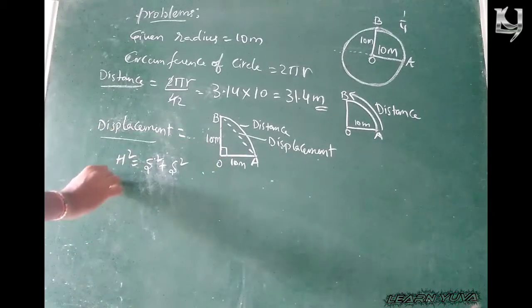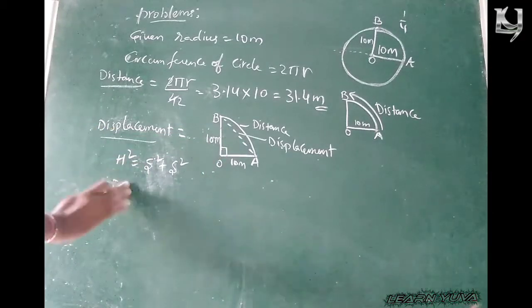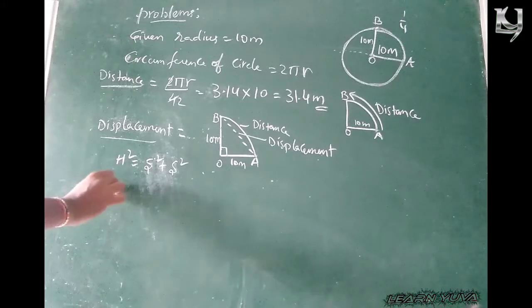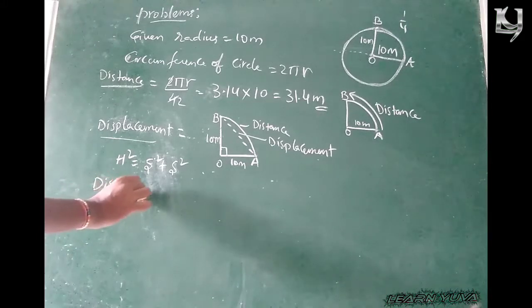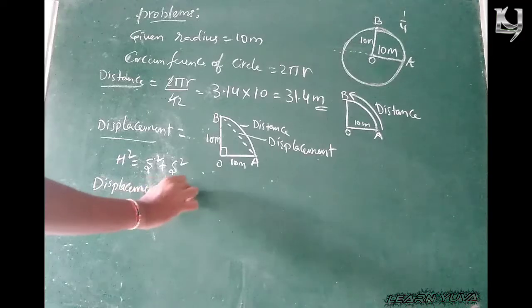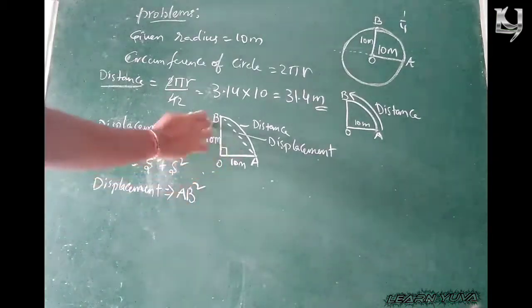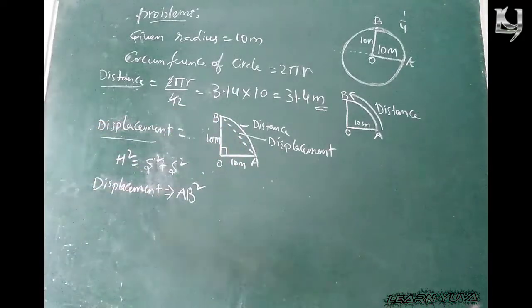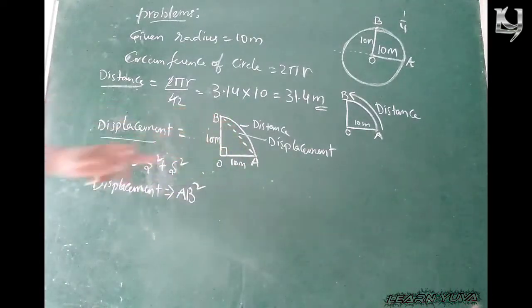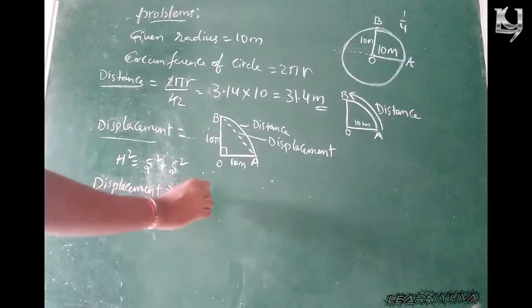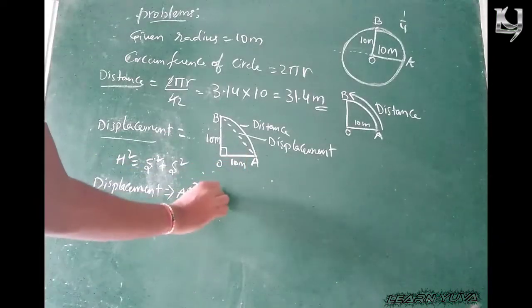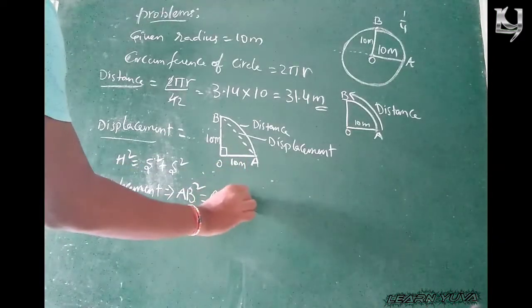Hypotenuse is AB, that is known as displacement. Displacement is nothing but AB. So AB is nothing but the hypotenuse. Hypotenuse square is equal to side square plus side square. Side square is OA square plus OB square.